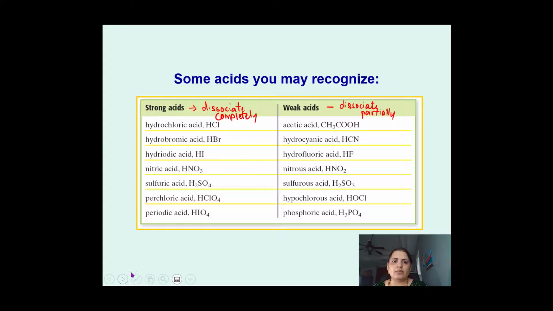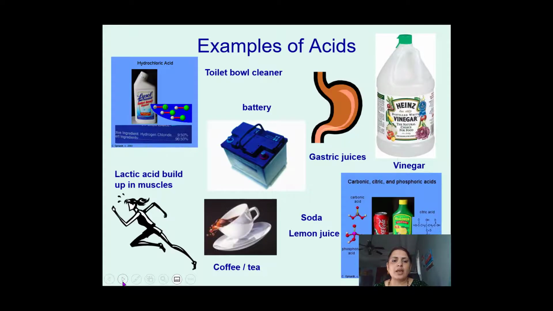So you need to memorize these strong acids listed here, so that when you're doing net ionic equations, you know these are the strong acids which will dissociate completely. Okay, examples of acids. Check if you have some of these in your notes.